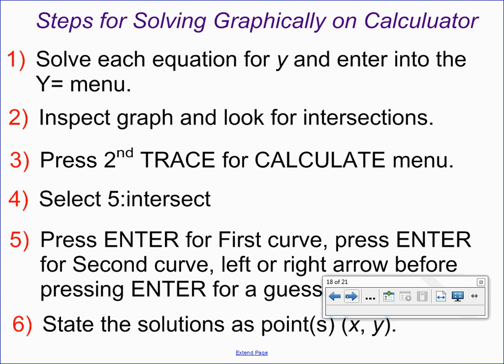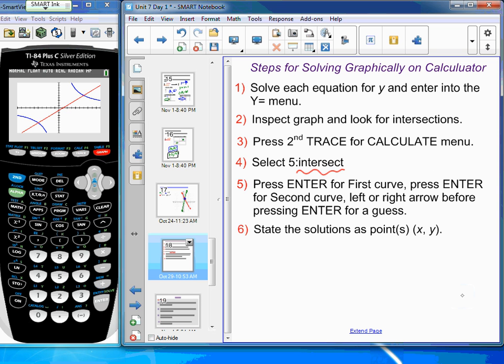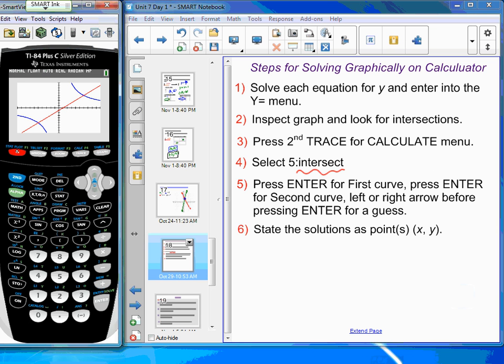We can find the solution to a system graphically using the graphing calculators by using the calculate menu and the intersect feature. Everybody, here are our steps. Let's find our steps on the note sheet. We're going to do these together. We'll solve each equation for y and enter them in the y equals menu. Check.